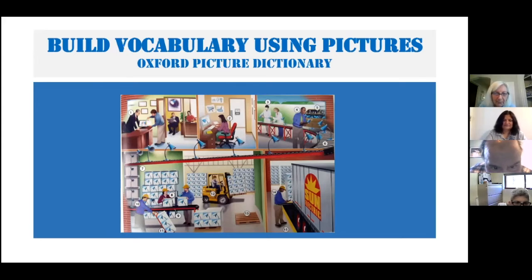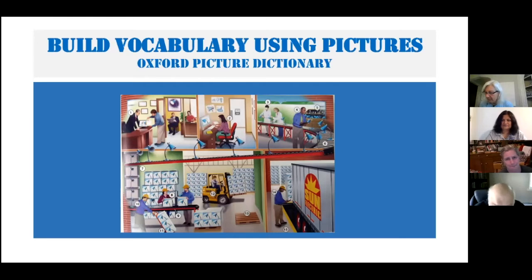How about picture 2? Designer. Sorry, say that again. Designer. Yes, a designer. Number 3. Computer IT. Okay, yeah. Quality control, maybe? Yeah, maybe quality control. How about number 4? Inspector.